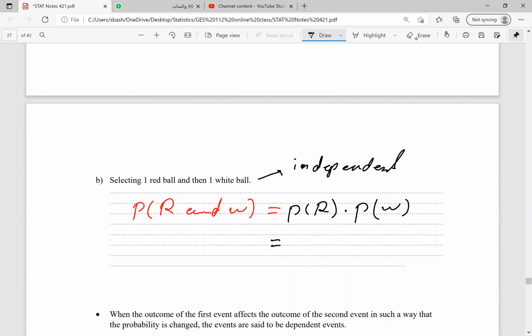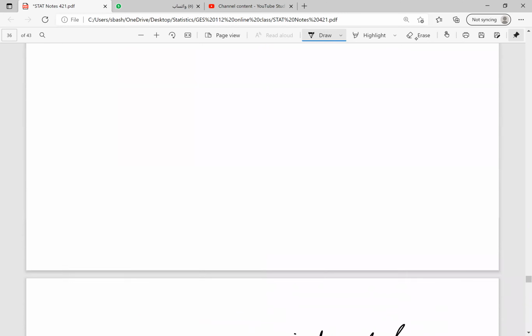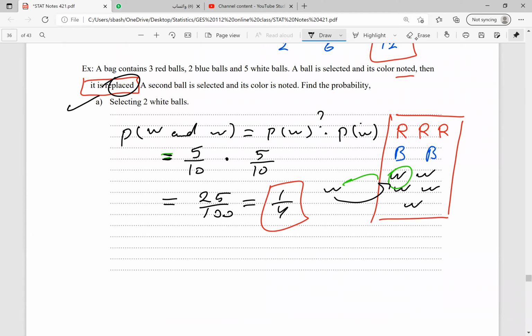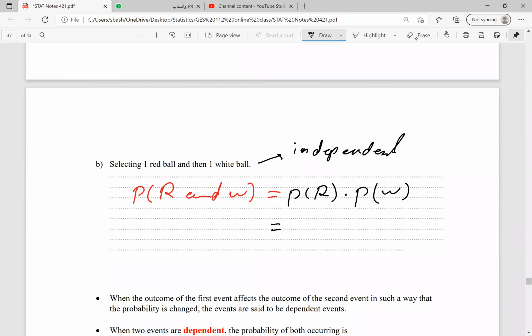We have 3 red balls. So this will be 3 out of 10 because we have 10 balls inside the bag, multiplied by 5 out of 10, that will be 15 over 100, or if it is divided by 5, it will be 3 divided by 20.